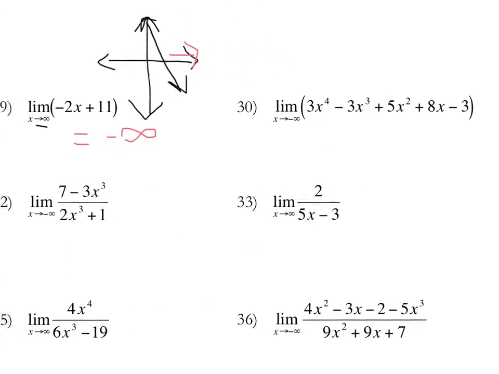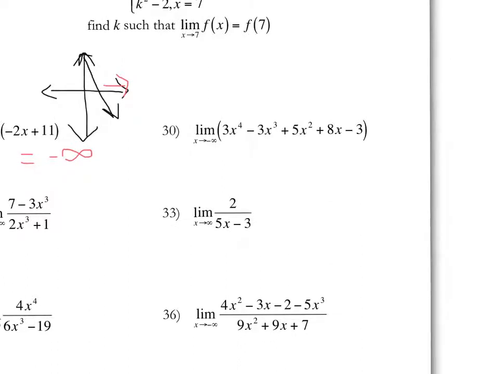Number 30. Think about what this polynomial looks like. This is a 4th degree polynomial. Because it's a positive even exponent, we know that both end points will be going up or both going down. And since this is a positive value on the front end, because that's positive 3, then we know it's going to start up and end up.